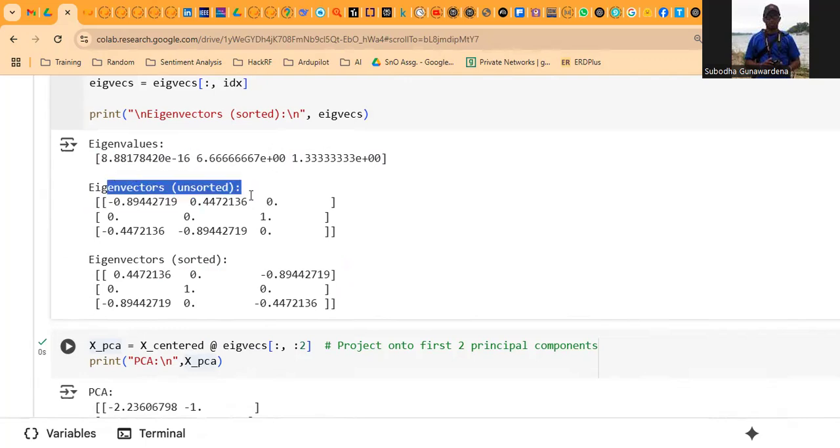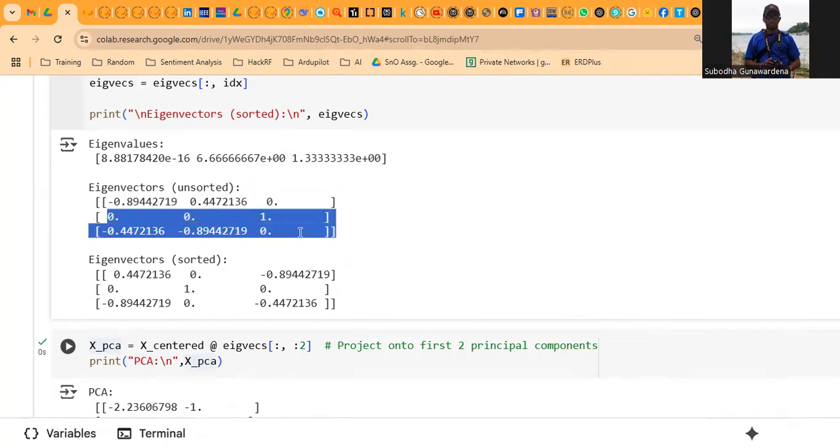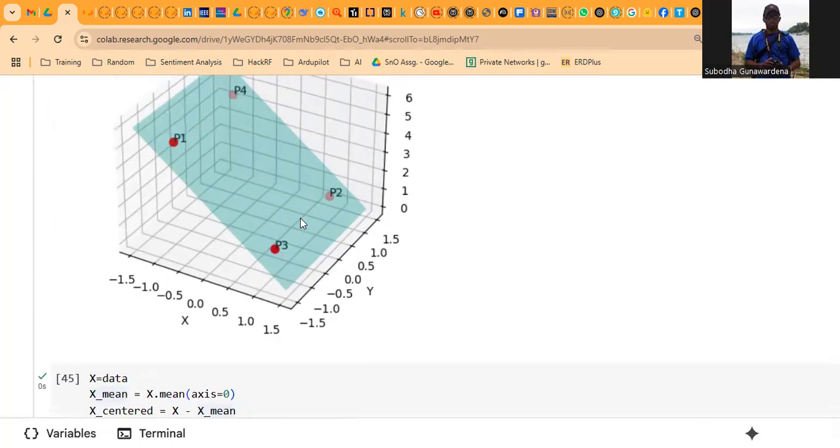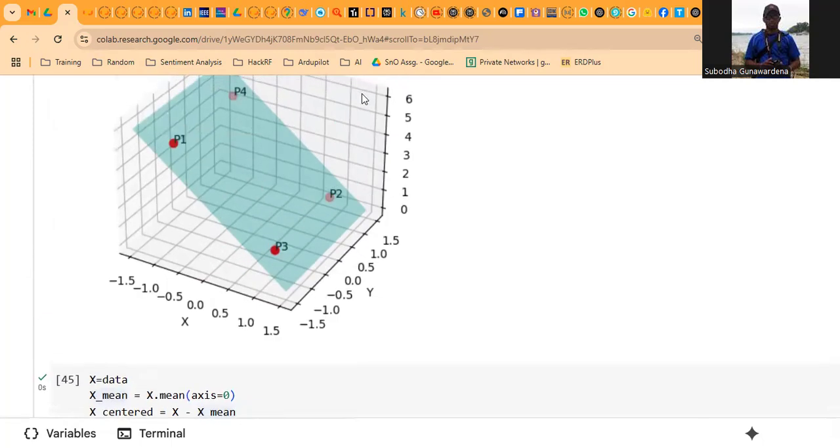So I can ignore the first vector, and I can consider the second and third vectors as my axes, right? These two will represent most of the variance related to my data. So these two axes may be somewhere here. Once we have those axes, we can represent these points easily using those axes.